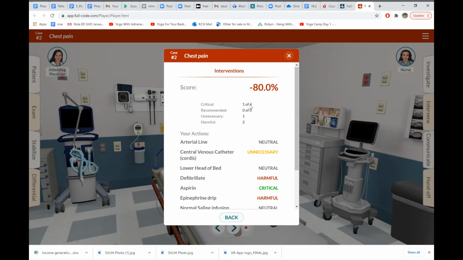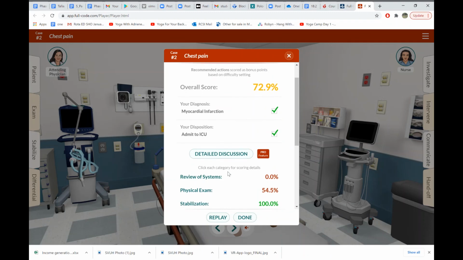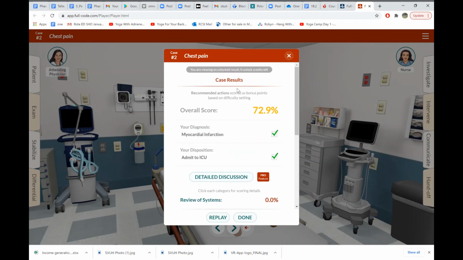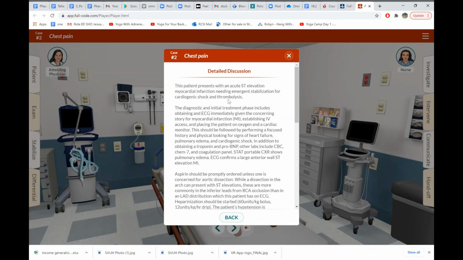Only 1 out of 4 of the critical things, and none out of 0 of the recommended things. Anyway, fine. We have no unlocked credits left, so we may as well make the best of this. So, ST elevation, so need emergent stabilization with cardiogenic shock and thrombolysis.